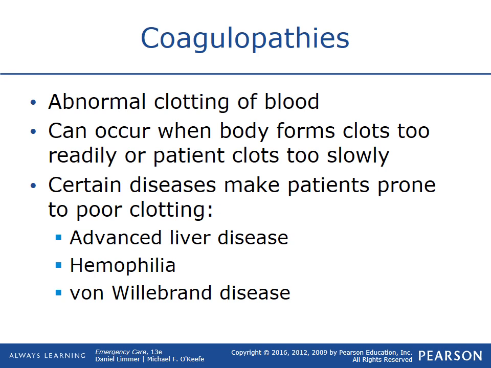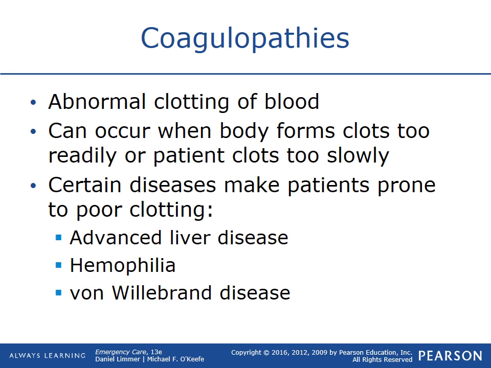So abnormal clotting of the blood is referred to as a coagulopathy, and it can be caused by medications too. Like I said, aspirin keeps the platelets from sticking together. They also have medications that'll make them more sticky. So when somebody's bleeding to death, they can give them that and help the blood to clot.